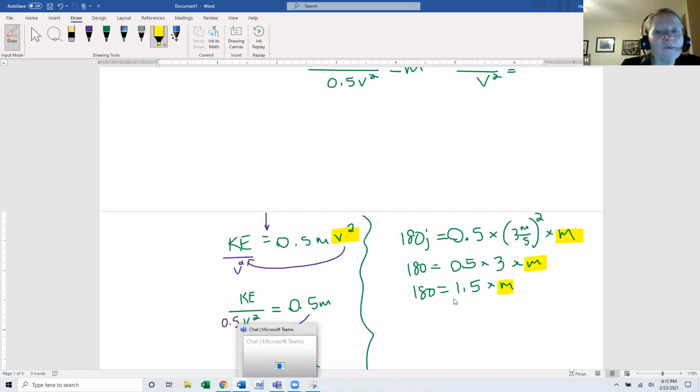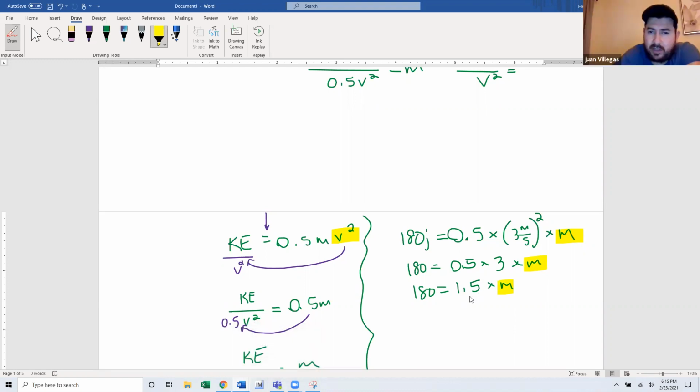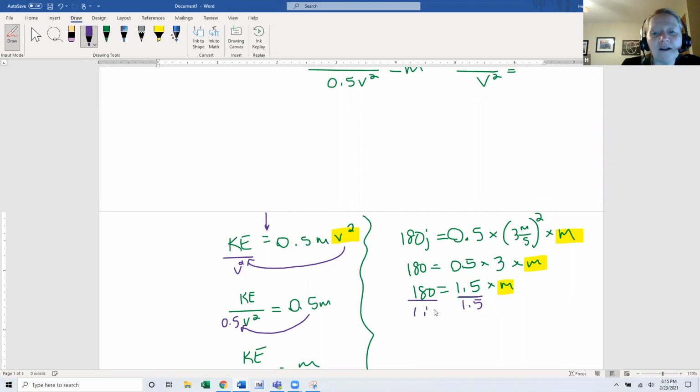What can I divide? Now we have to divide with the 180. No, leave 180 where it's at. Yes, divide by 1.5, right? Get rid of the 1.5. I'm going to divide by 1.5 here. See how that will go to 1? That will become 1. And I can divide by 1.5 here.